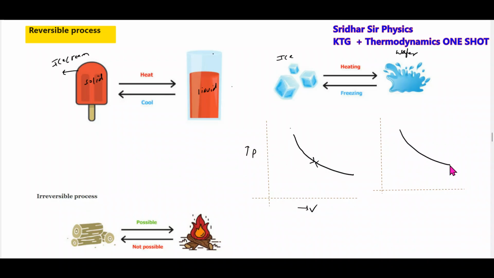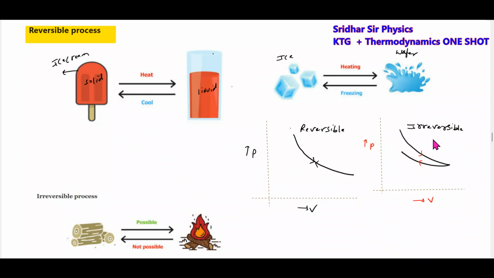Irreversible process will be like this. It will not follow the same path. All the processes that occur will be irreversible only, not reversible.